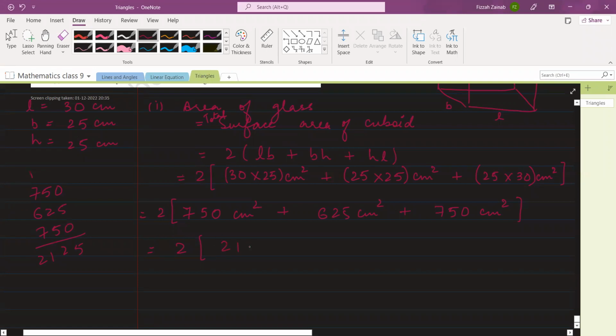So 2125 centimeters square. Now multiply by 2. 2 into 5 is 10, carry 1. 2 into 2 is 4 and 1, 5. 2 into 1 is 2, 2 into 2 is 4. So 4250 centimeters square is the total surface area of the glass which will be used.